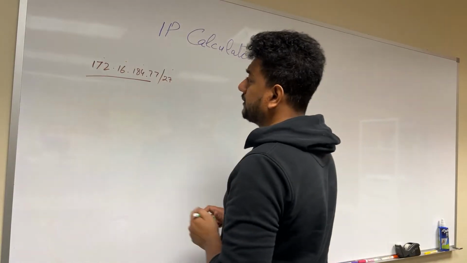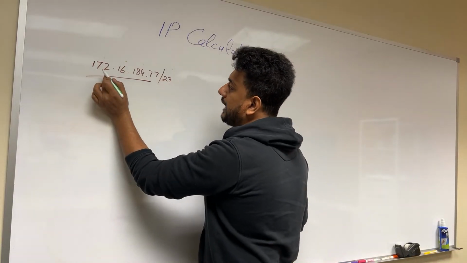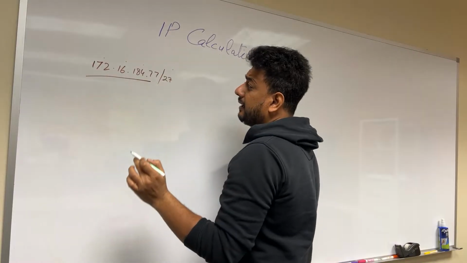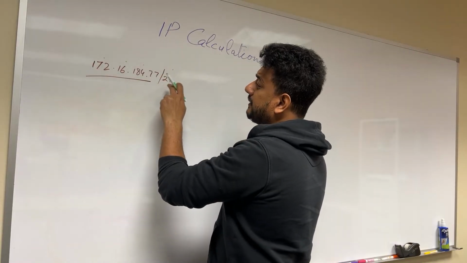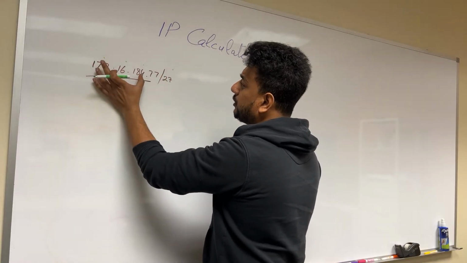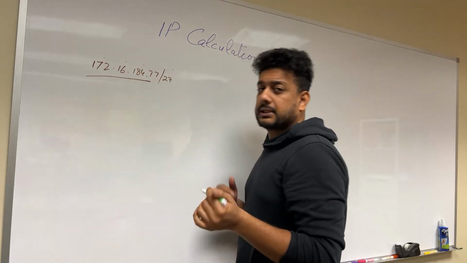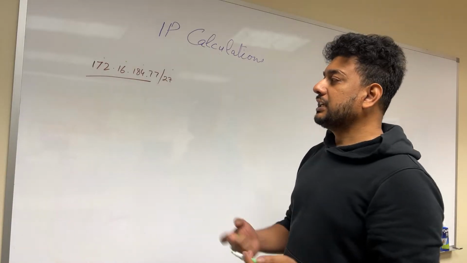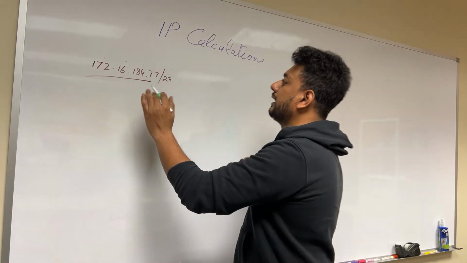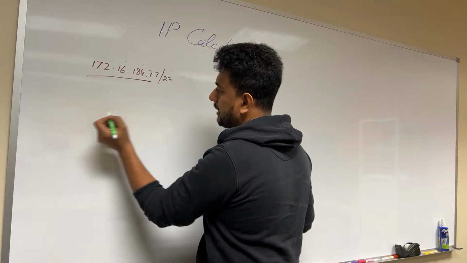Okay, so first of all, I'm going to convert the IP address into binary. Since we know it's a 27 subnet, we can ignore the first 3 portions, but still, to teach you, I'm going to show you how you can convert the IP address.